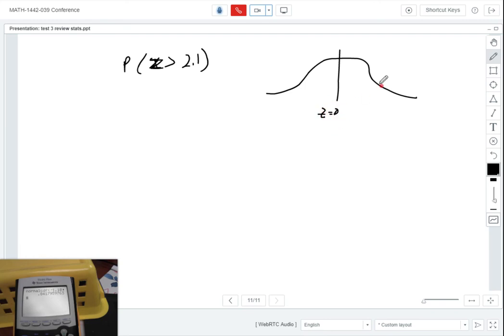Average is z0. 2.1 is somewhere over here, a z-value of 2.1. Greater than 2.1 is finding this area, once again. So our lower limit is 2.1. Our upper limit, since it goes in these z-values, 99 is infinity. So on my calculator, I go 2.1 to 99.